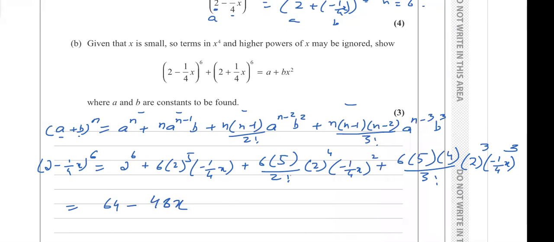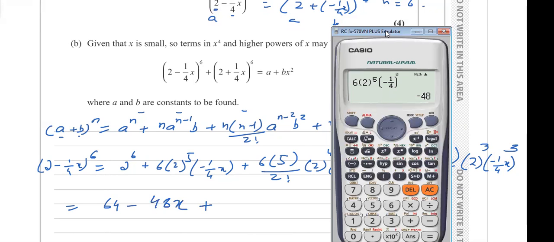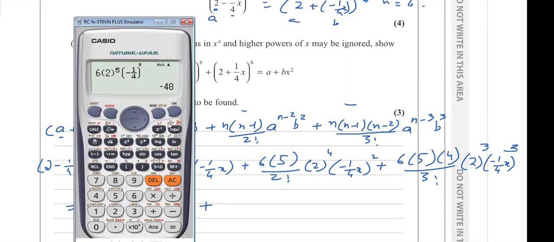In the same way, let's solve this portion. Plus, I can say it is 6 times 5 times 2 power 4 over 2 factorial, multiplied with this.